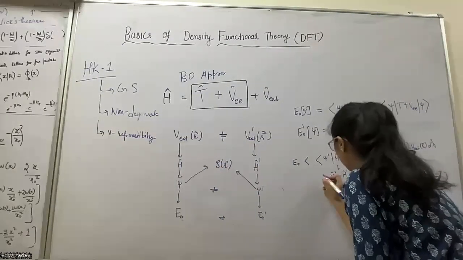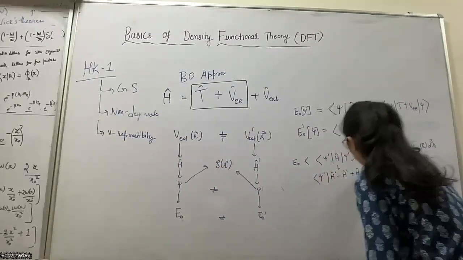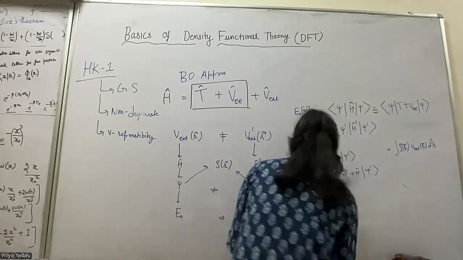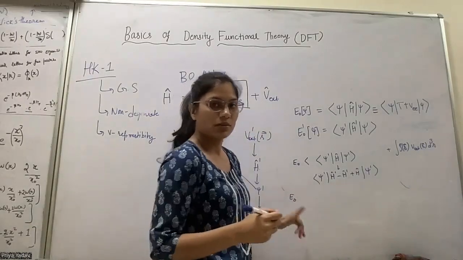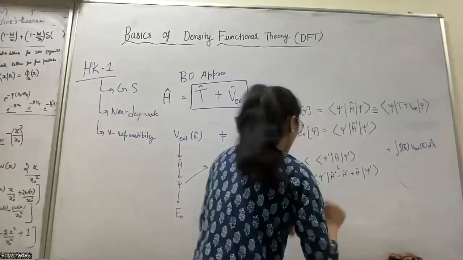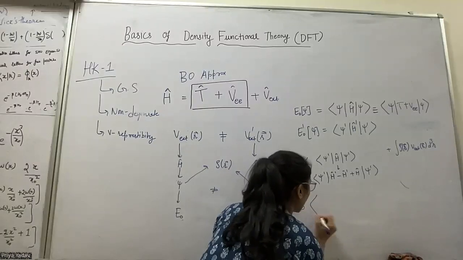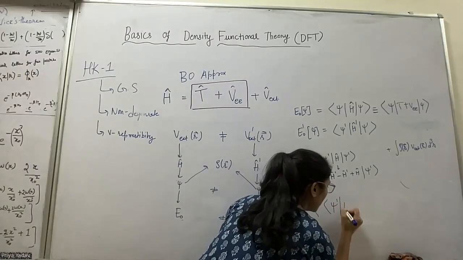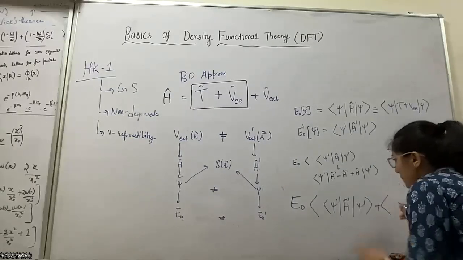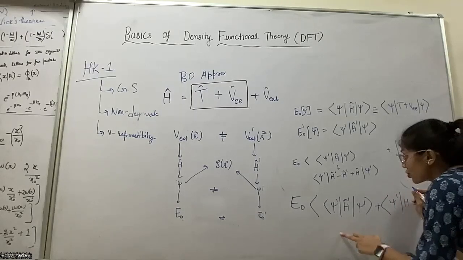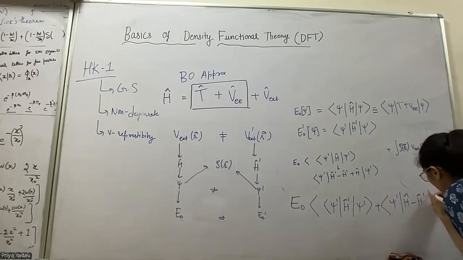So I can write E0 as less than psi prime H prime psi prime plus psi prime H minus H prime psi prime.